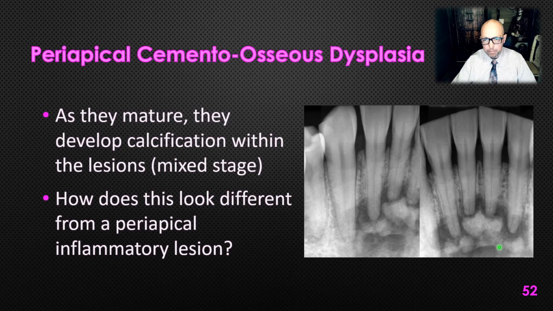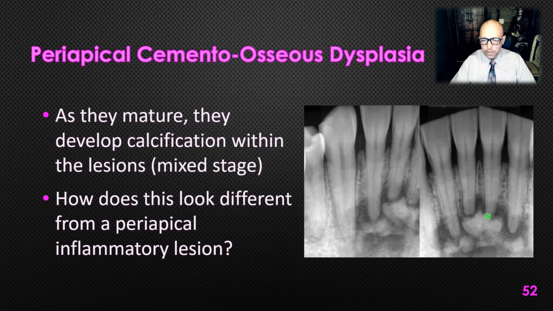If you can remember, think back to how some of those periapical inflammatory lesions look that were mixed, because you can have a mixed appearance to an inflammatory lesion, but for those you get radiolucencies of the apices, and then that's surrounded by opacity. Here, yeah, we see radiolucency around the apices, but the radiolucency continues all the way around this lesion. That would be very atypical for a periapical inflammatory lesion, even one that has some condensing osteitis with it.